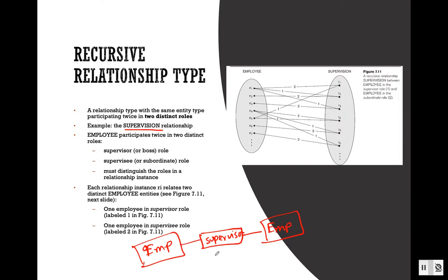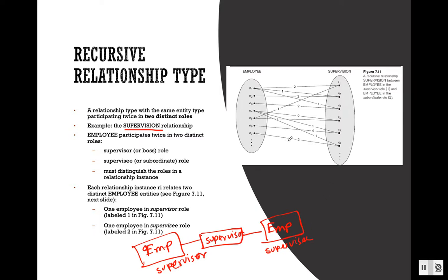But here the role is different. On the first side the role is supervisor, and on the second side the role will be supervising. It should be clear from our diagram who is supervising which employee.